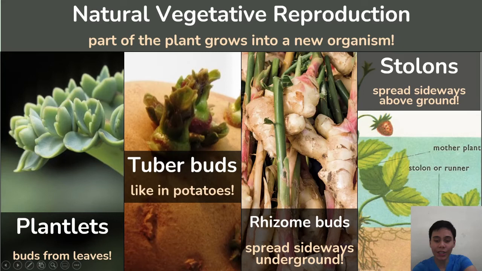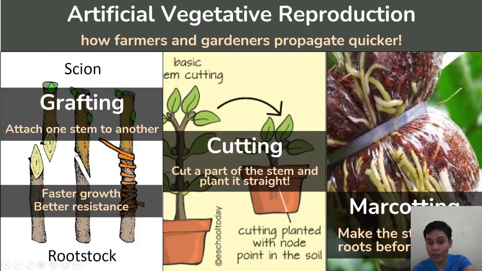Artificial ways to do this include grafting. You can graft one stem to another to confer faster growth and better resistance to certain pathogens. Plant cutting: cutting the stem and planting it straight into the ground. You can do this with certain types of plants. And there's a special method called marcotting, which is mostly used in Asian regions.